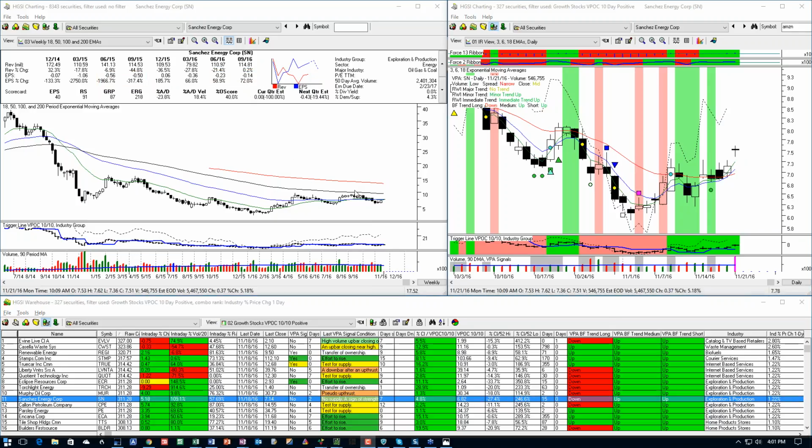Now, what stage would you consider this one to be in? Looking at this, it looks like it's really starting to move up. And for a short-term trade, yeah, it may be, but if you look at the longer-term perspective, let's look at these moving averages over here. They're all pretty much stacked on top of each other, aren't they?